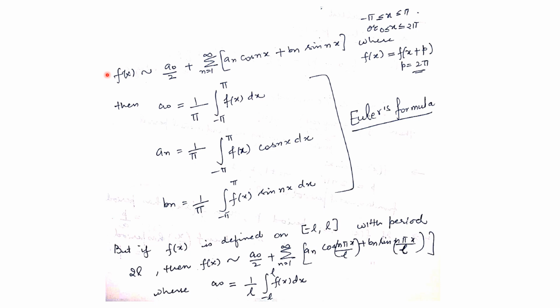Okay. Now this is the next case, when our function is defined on the interval minus L to L. Here it is defined on minus pi to pi, then our series is of this form.